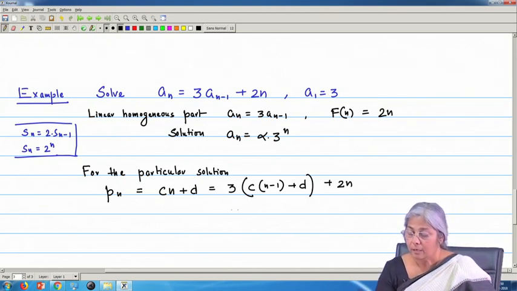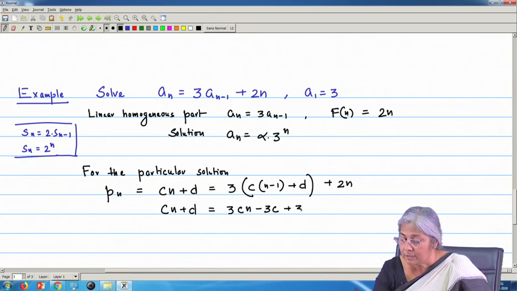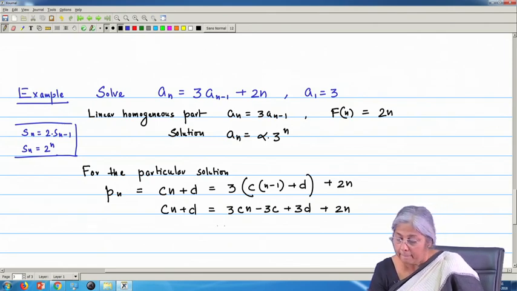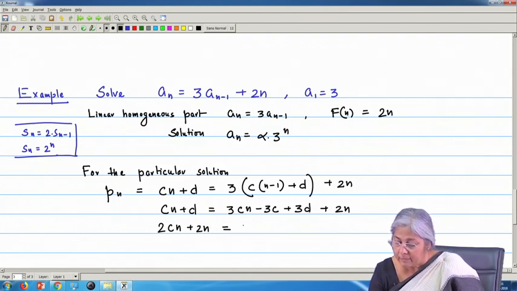So C n plus d equal to 3 C n minus 3 c plus 3 d plus 2n. So 2 C n plus 2n equal to 3 c minus 2 d.